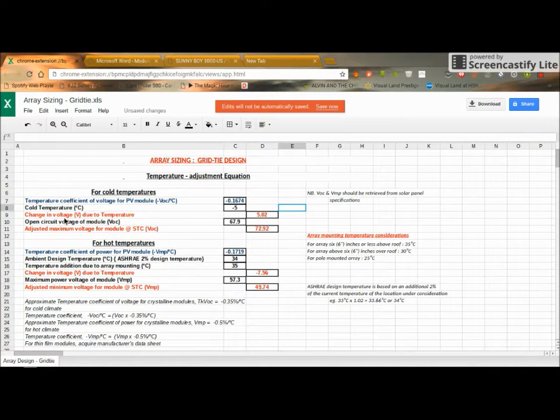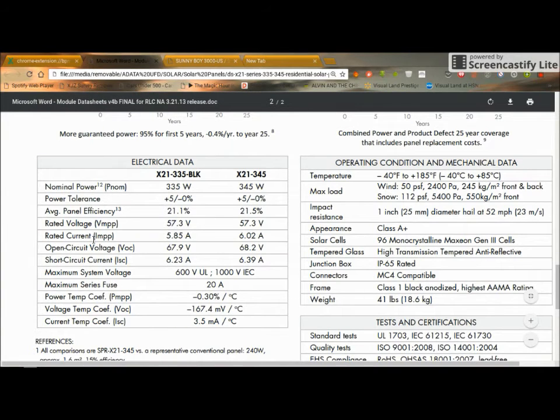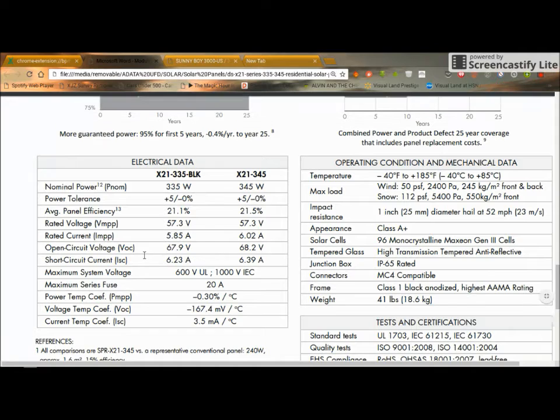So the change in voltage due to the temperature would be 5.02. We'll come back now to our module specs to ascertain the open circuit voltage of the module, VOC. So going back, we look for open circuit voltage, and mark you, this open circuit voltage is when the panel has no load.